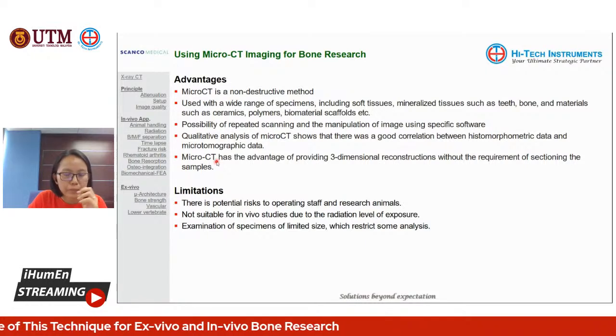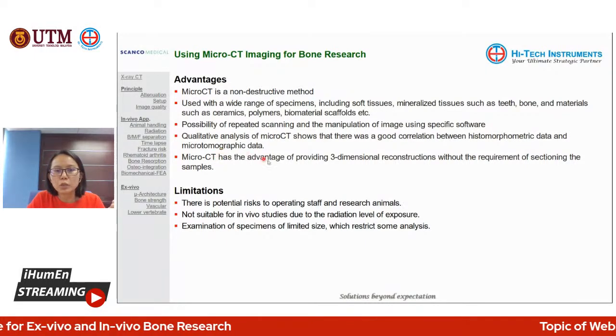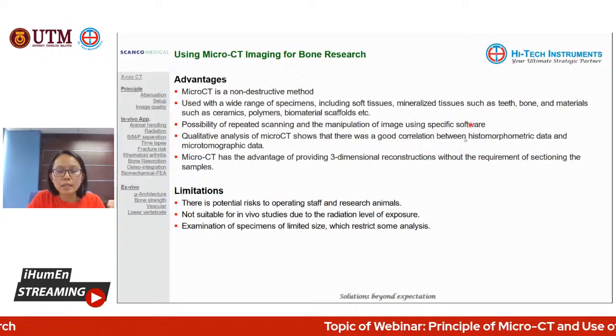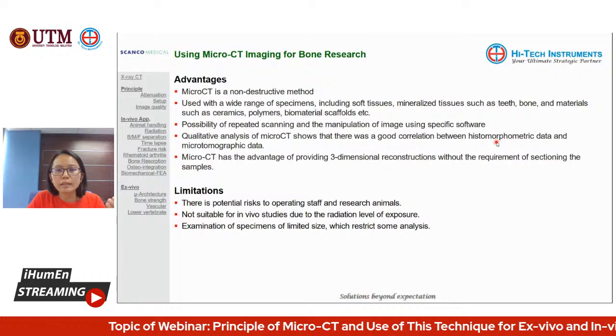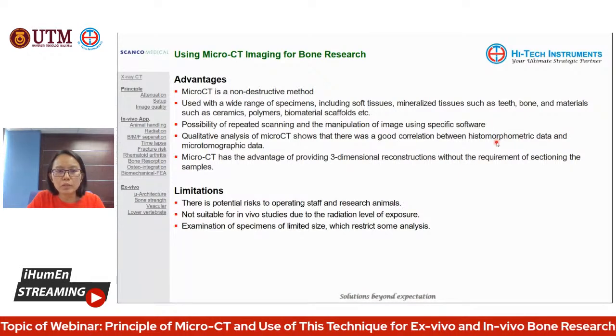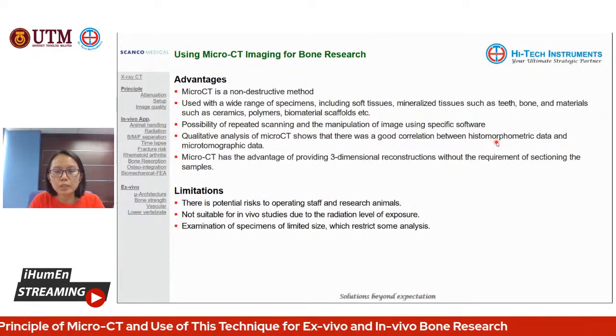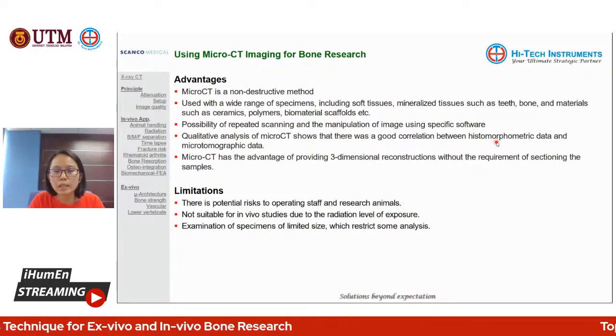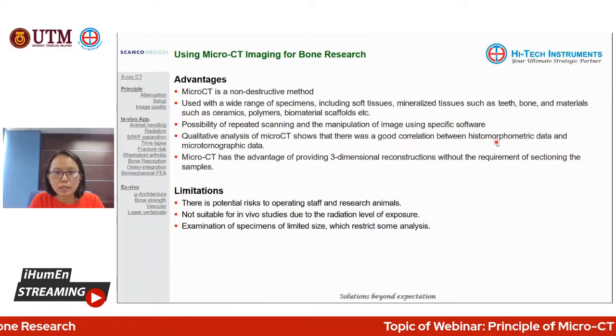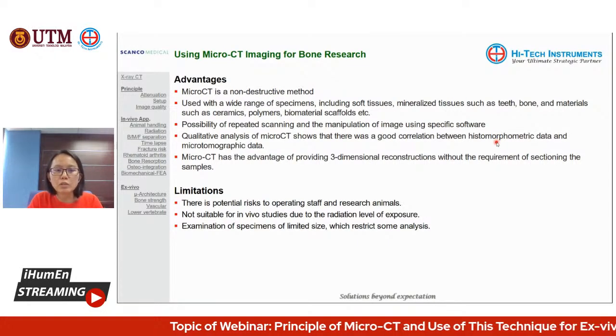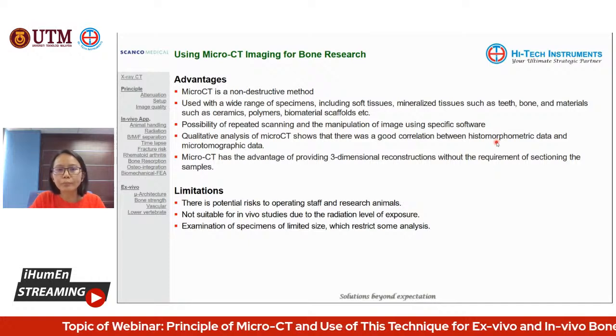There are a lot of papers showing the correlation between the cross-section or microtome section of a tooth and the MicroCT data, showing the exact correlation between the histostain section and the MicroCT reconstructed image itself.